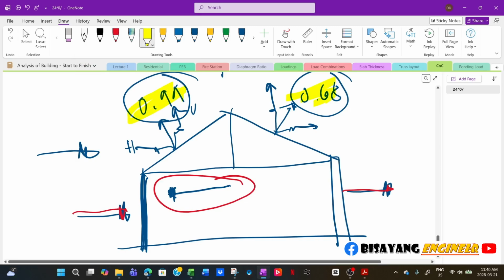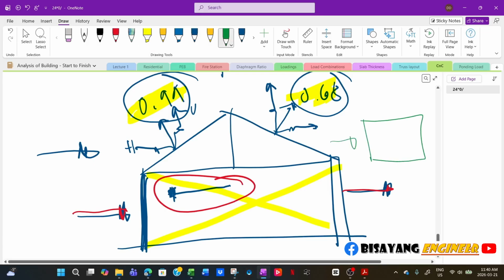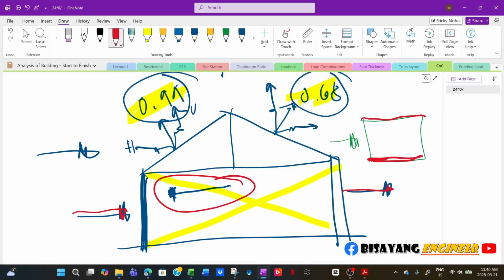So when I analyze, for example, a house with a gable roof, I neglect this in calculating my shear wall. For example, this is our building and the wind is in this direction, so we are designing this wall here. Then I will not consider the roof because it will reduce my wind loading in this direction.